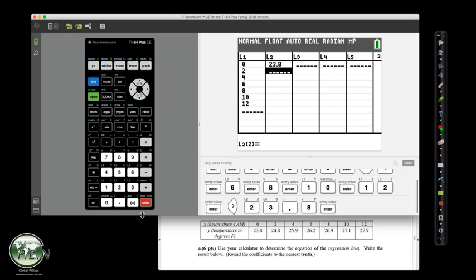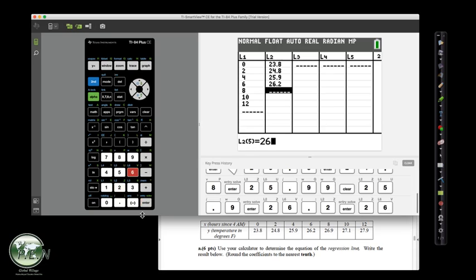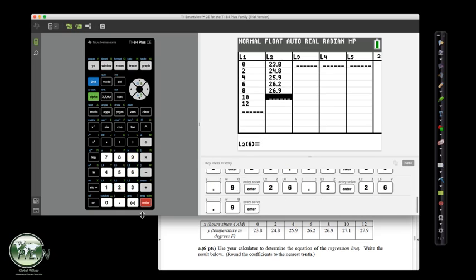And I might switch over to the keyboard. 24.8, enter. 25.9, enter. 26.2, enter. 26, 27.9, enter. 27.1, enter. 27.9, enter. And notice I have exactly the same number of x's as y's. That's very important. If we're missing something, it's not going to work. So this is what we should see so far.